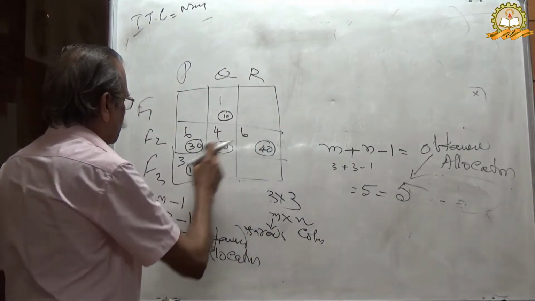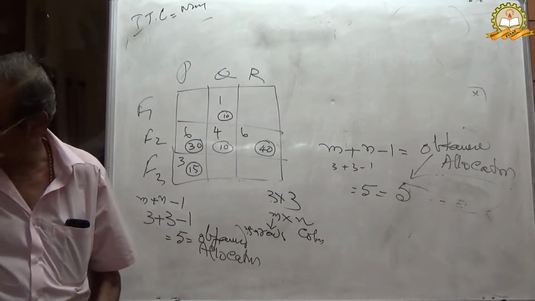1, 2, 3, 4, 5. Your obtained allocation is also 5.